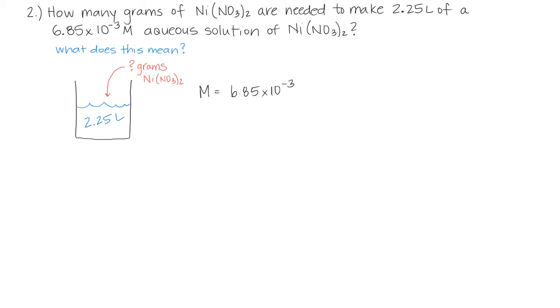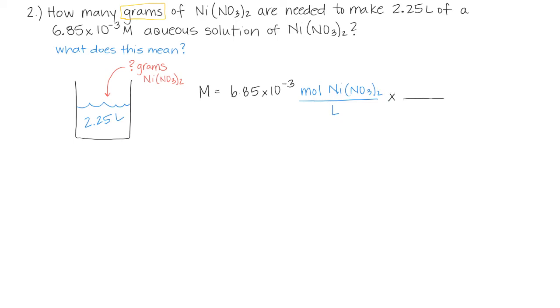And remember that molarity is defined as the moles of solute, in this case nickel nitrate, divided by the liters. Since we want to know how many grams of nickel nitrate we need to add to the beaker, we will first need to calculate the number of moles. We can then convert our moles into grams using the periodic table.